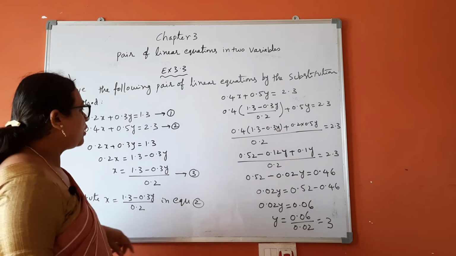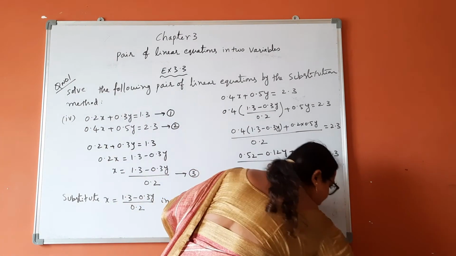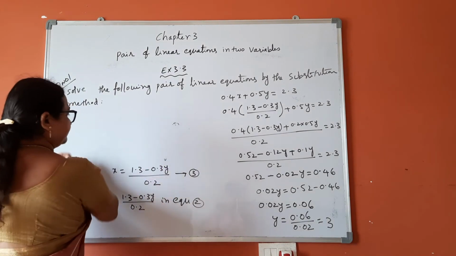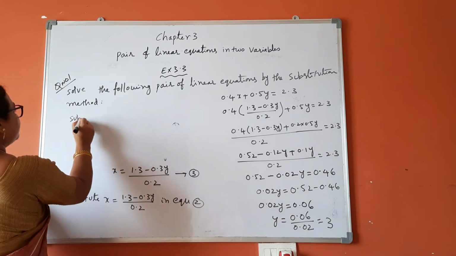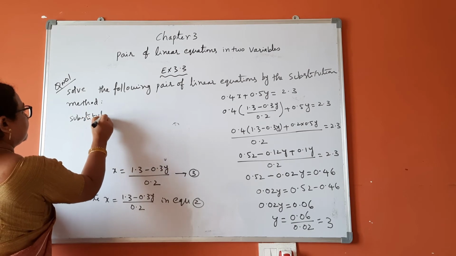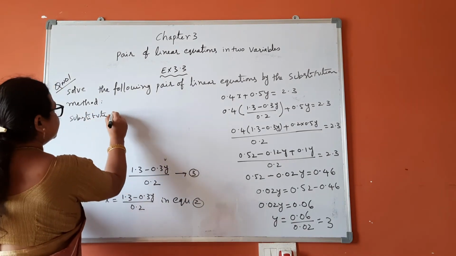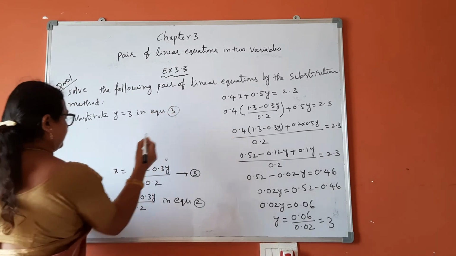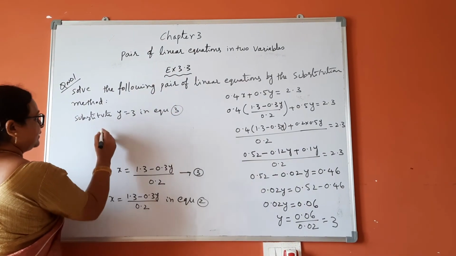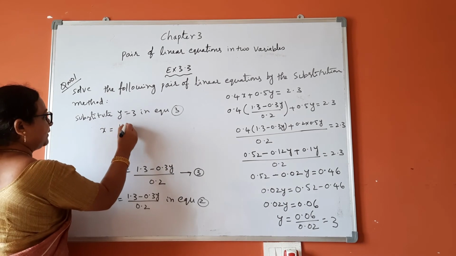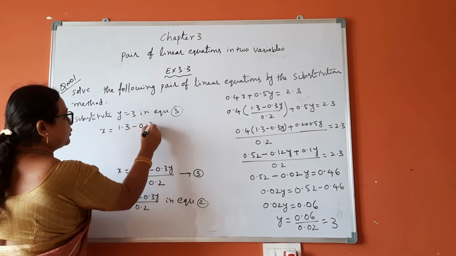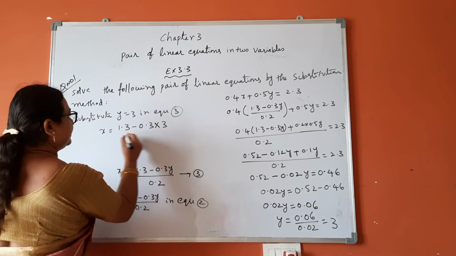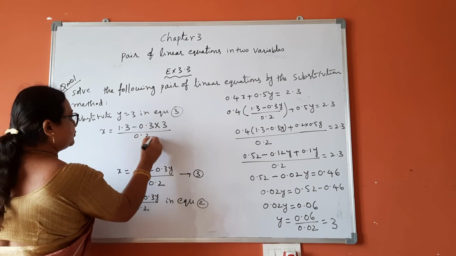Now this value of y we substitute, y is equal to 3 in equation 3. What is equation 3? x is equal to (1.3 minus 0.3y) by 0.2, with y as 3.